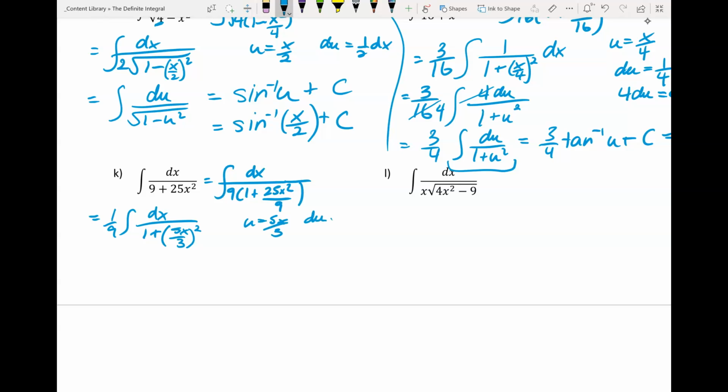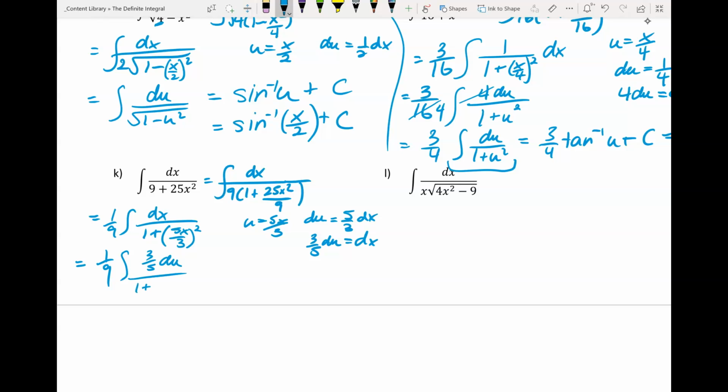Then my du is going to be 5 over 3 dx, so 3 over 5 du is dx, and I'm going to do my replacing now. 1 over 9 is still in the front. This dx is going to be replaced with 3 over 5 du.